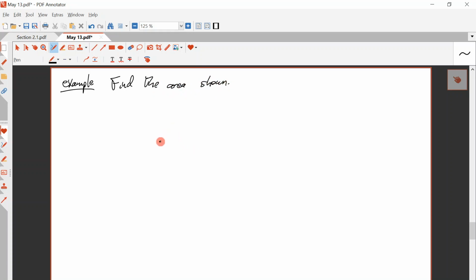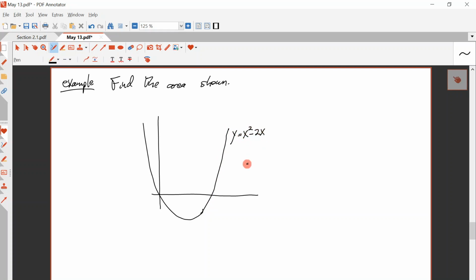So I've got this curve, so this is y equals x squared minus 2x. And along with that, we'll have the line y equals x.